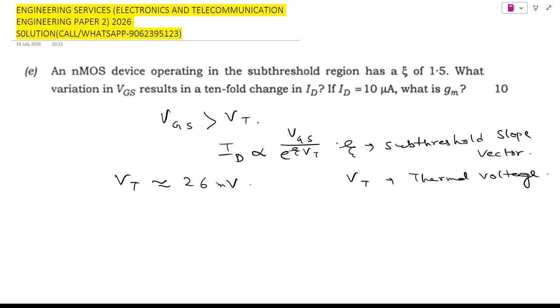Now the question is how much should VGS increase so that the current becomes 10 times larger. So for a 10-fold increase, now substitute the values.